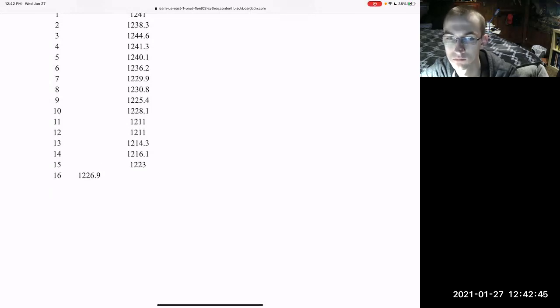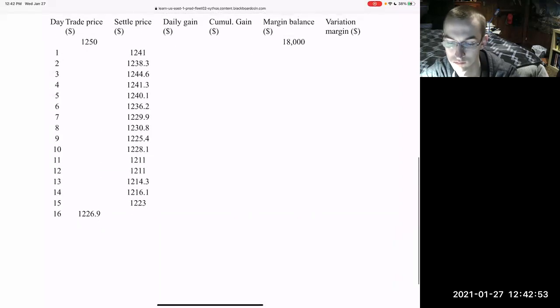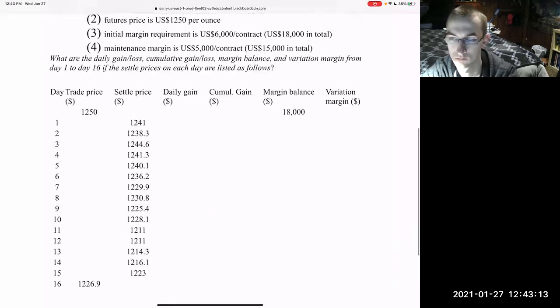It's 3.9 price change, times the contract size and times the number of contracts. That's for daily gain, right? And you do the same thing for cumulative gain and margin balance. So any question? I think the tricky part is the variation margin. So make sure variation margin is only greater than 0 when the margin balance is below $15,000.